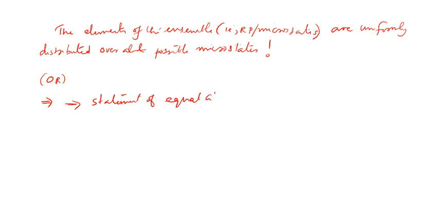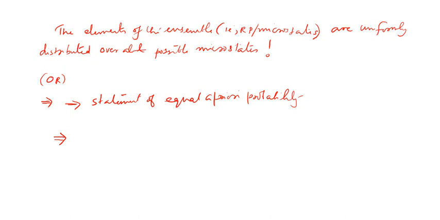So that is the physical significance of Liouville's theorem, because you remember that we began our discussion of stat mechanics by telling that there are some fundamental postulates, some fundamental hypotheses which don't have a mathematical proof of their own, right? So one such postulate was the statement of equal a priori probability.